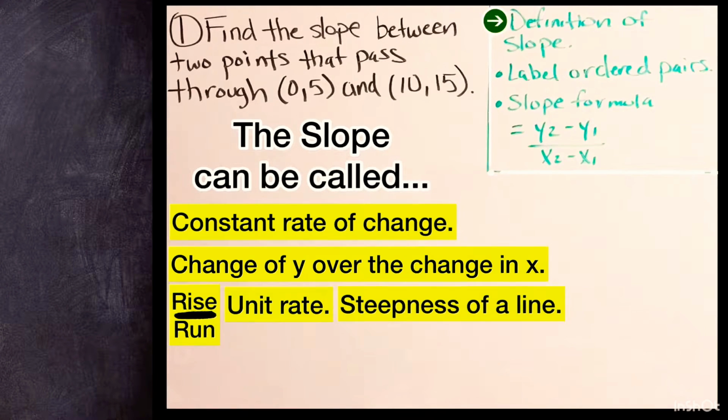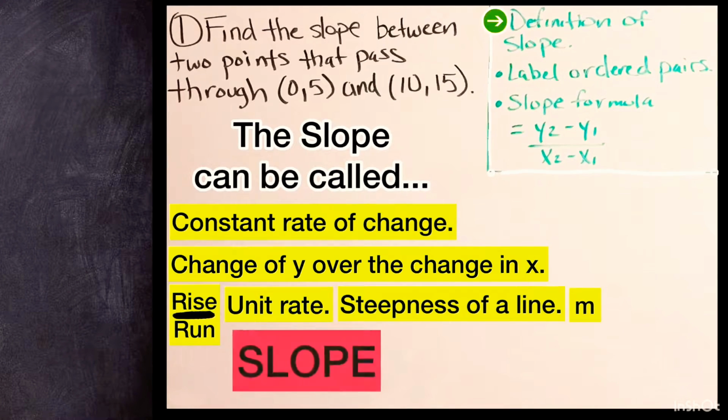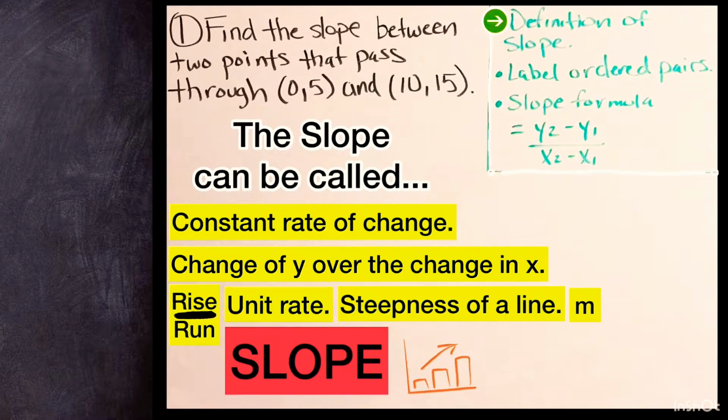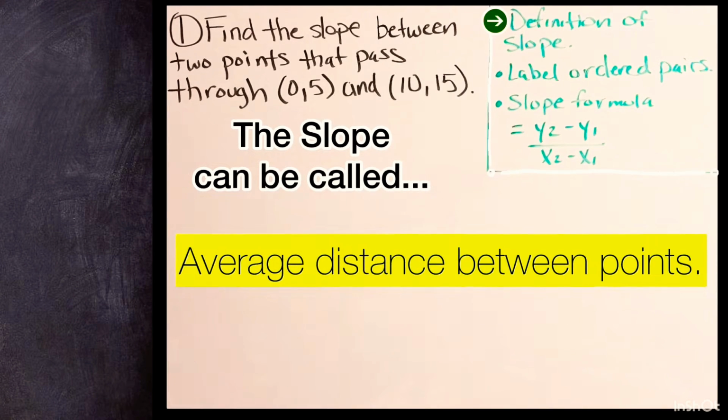You may even hear steepness of a line, or your teacher say the m value. All of these 6 different definitions, so to speak, mean the same thing. They mean slope. Now, myself, I like to define the word slope as the average distance between points.